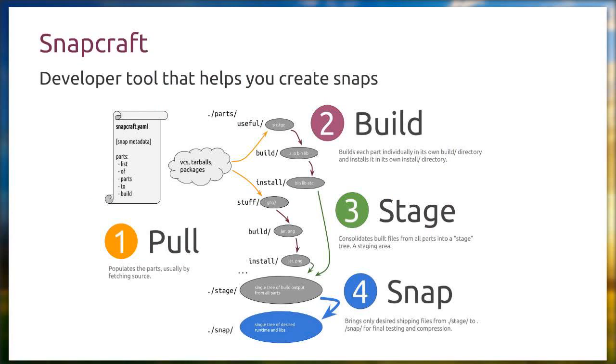We have developed a new tool that I mentioned earlier called Snapcraft, which essentially allows you to develop applications in this new environment. You can build from a variety of sources. You can point to your own source, or to a source on GitHub, on Launchpad, or anywhere else on the internet.